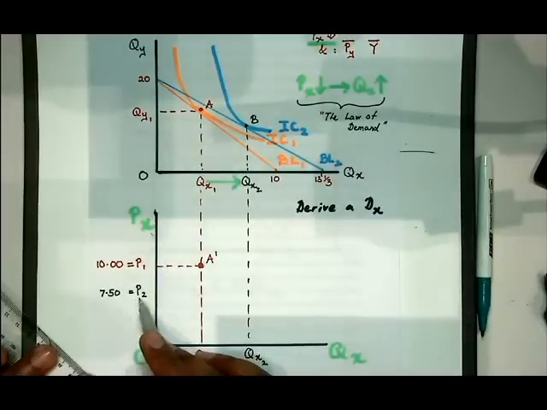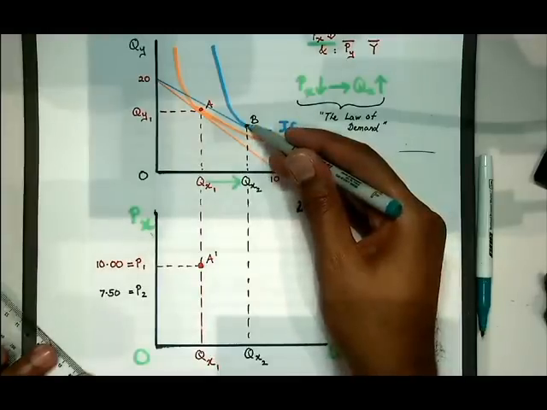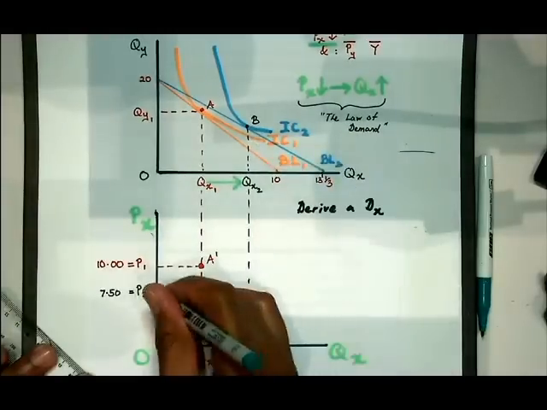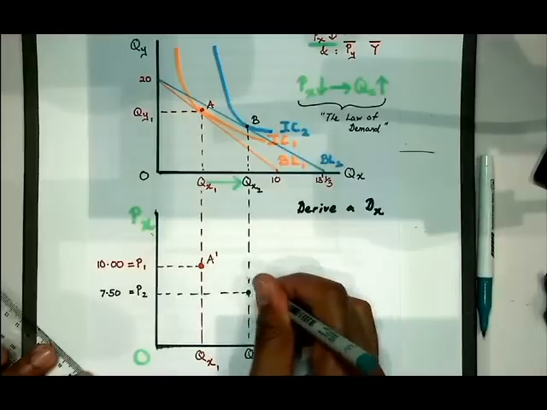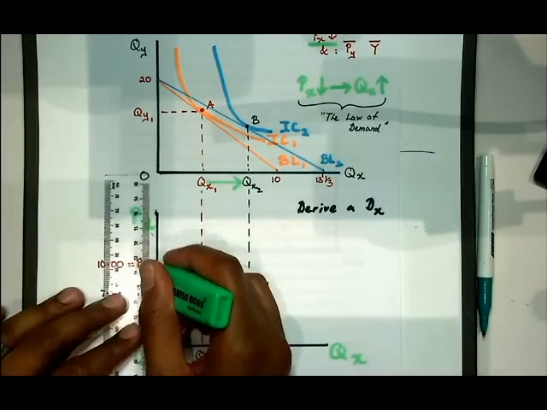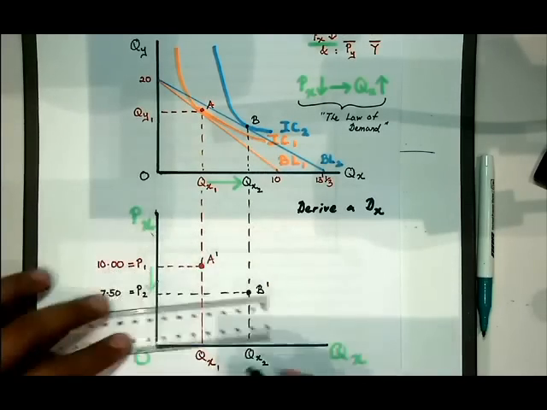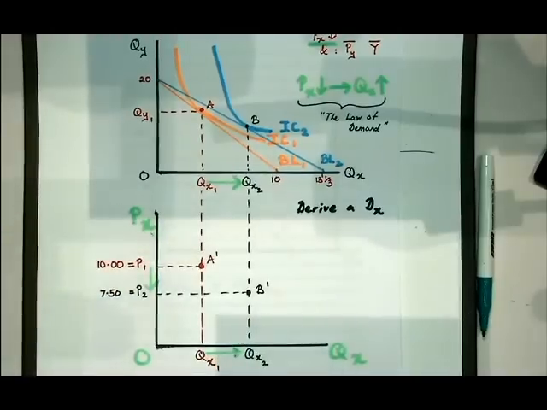When the price fell down to $7.50, we bought bundle B, which is Q2. We'll call that B dash. Price is going down, quantity is going up.